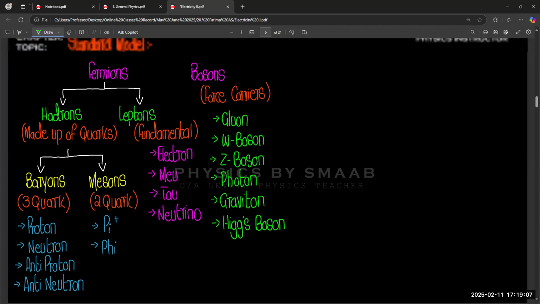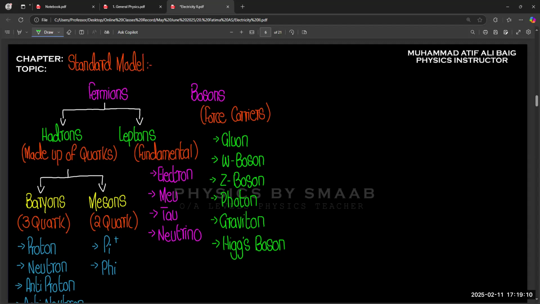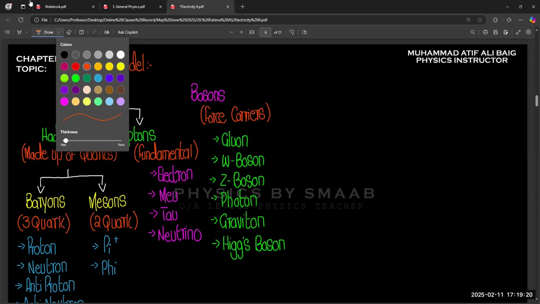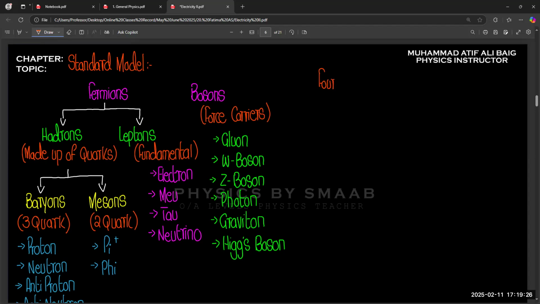And before that, one more important thing. If we talk about the four fundamental forces, in mechanics we generally discuss many types of forces. But if we talk about fundamental forces, there are four. All other forces are actually derived forces.